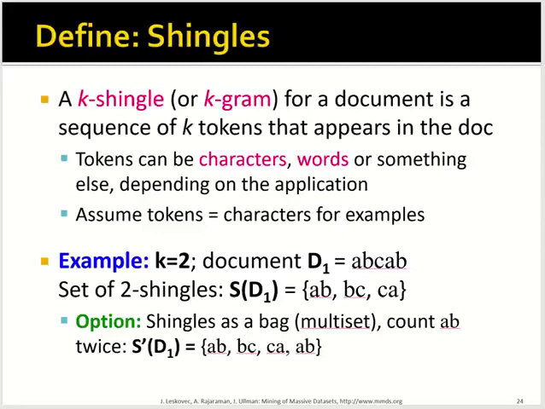A variation of shingles produces a bag rather than a set, so each shingle would appear in the result as many times as it appears in the document. However, we are not using bags of shingles here.